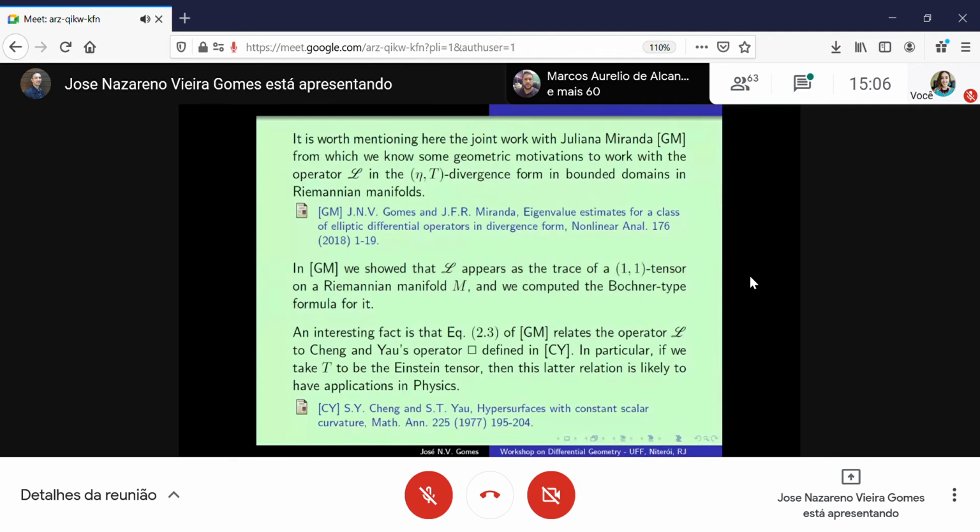An interesting fact is that this equation relates the operator L to the Cheng-Yau operator. In particular, if we take T to be the identity tensor, then this relation is likely to have applications in physics.